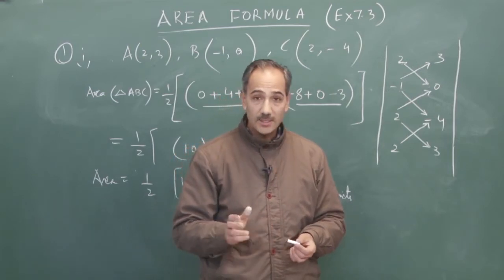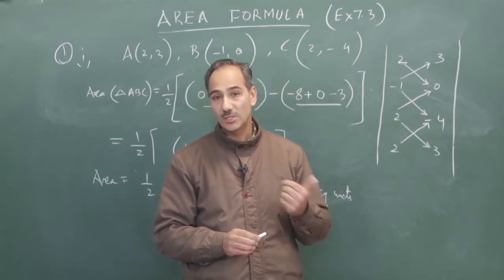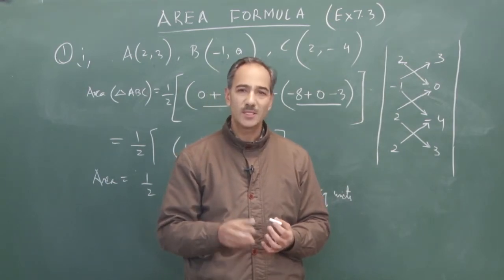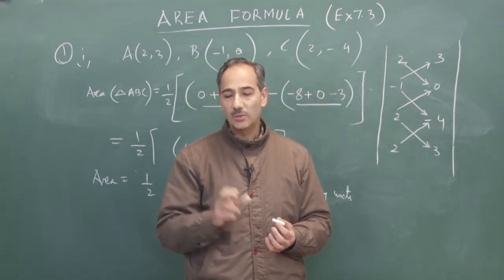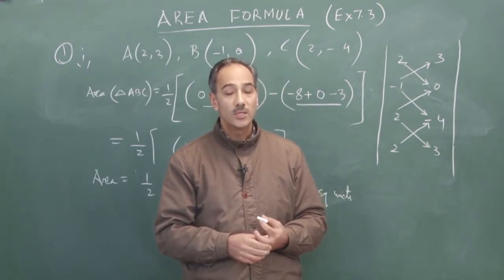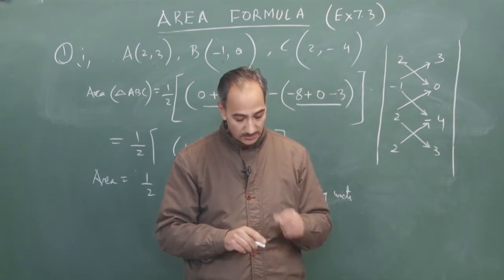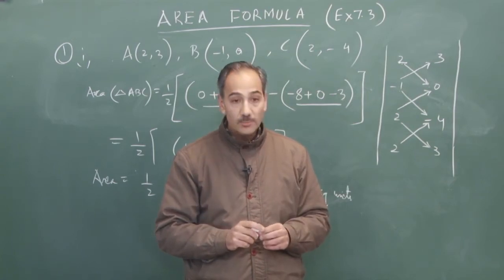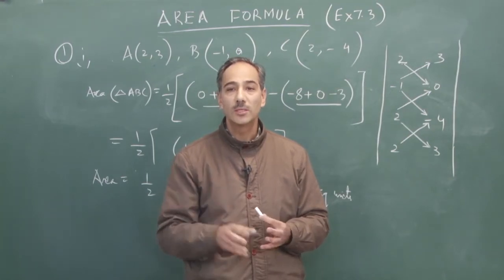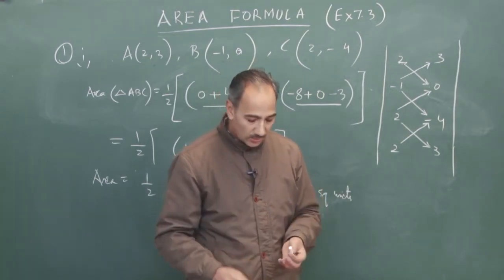If you remember, I didn't discuss that question using distance formula because using distance formula working on collinearity of 3 points is cumbersome. You have to apply distance formula thrice. So I had left that sum there. So I will attempt that sum in this video, because collinearity of 3 points is tackled using area formula. Let's see how that's being done.